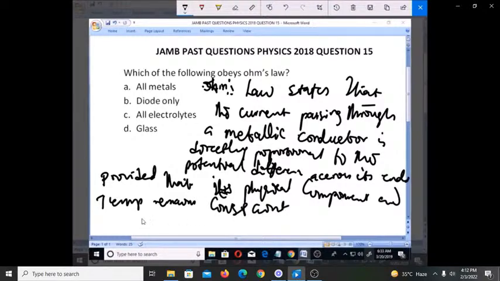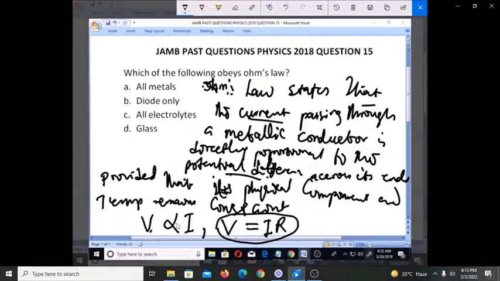In equation form, you can say that the potential difference is directly proportional to the current. When you remove the proportionality sign, you put equal to and introduce a constant, and that constant is known as resistance. So this is the statement of Ohm's law, that potential difference is directly proportional to current.